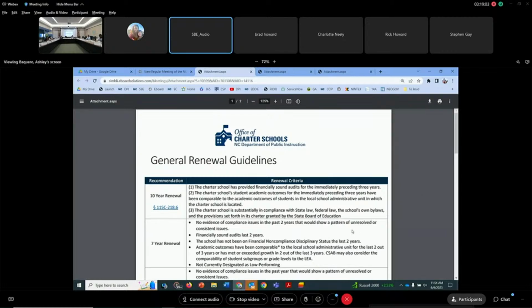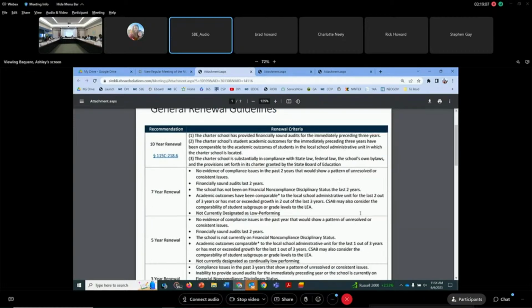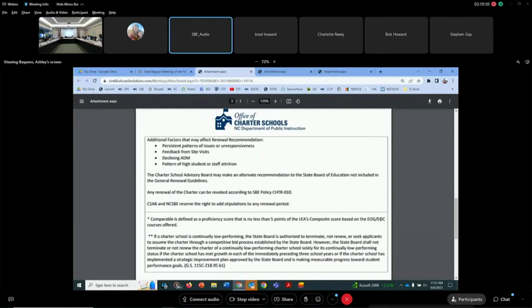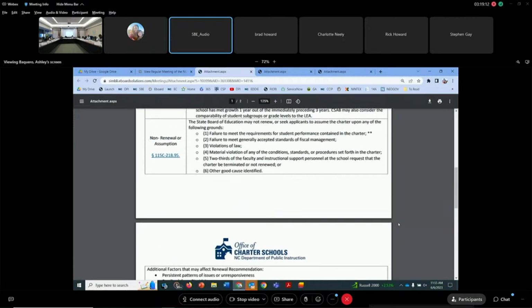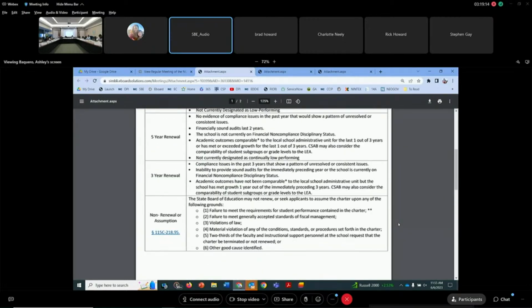So that has been added to the 4th bullet for 7, 5, and 3, as an extra sentence. It just says that CSAB may also consider the comparability of student subgroups or grade levels to the LEA. So we tried to add that in there as another consideration for you all.